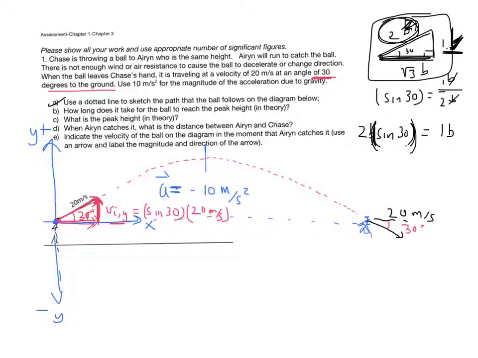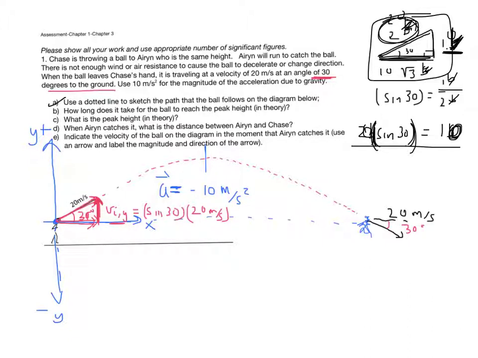Instead of b, let's call it 10 and multiply everything by 10. 10 times 2 is 20, 10 times 1 is 10, 10 times the square root of 3. So this becomes 10 equals 20 times sine 30. I hope that makes sense. Anyway, we know the velocity in the y direction is equal to 20 meters per second times sine 30. We've got that; that's the initial velocity.